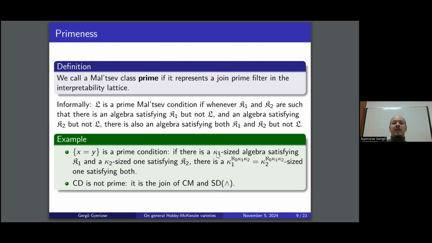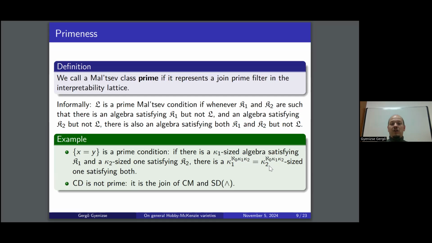Also, same for K2, there is an algebra of size kappa 2 that satisfies K2. Also, if something satisfies a Mal'cev condition, then all its direct powers will satisfy that Mal'cev condition. So there is an algebra of size kappa 1 to the aleph nu kappa 1 kappa 2 that satisfies K1, and also an algebra of that same size that satisfies K2.